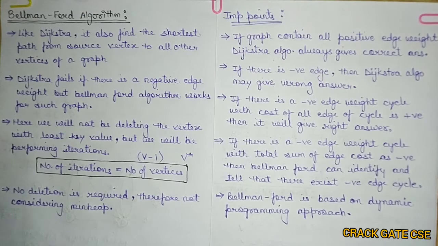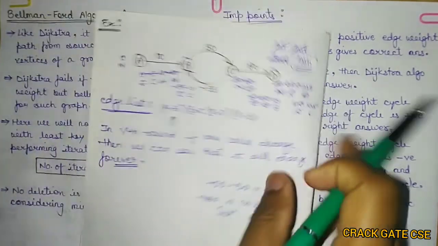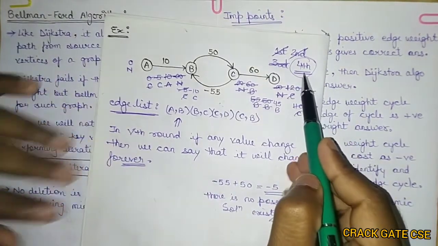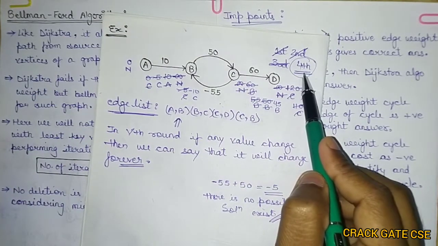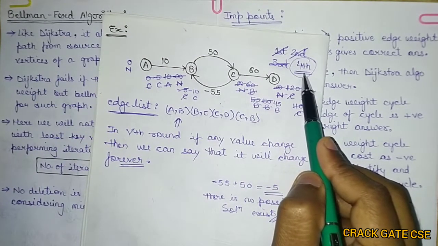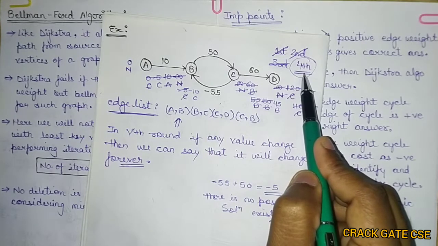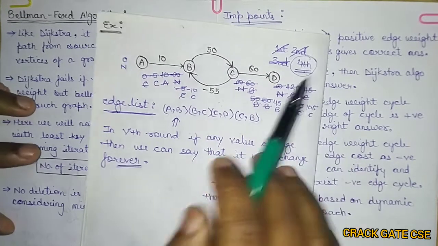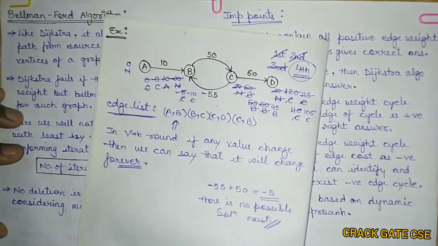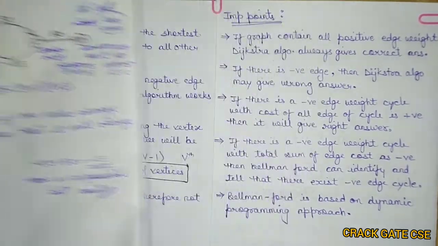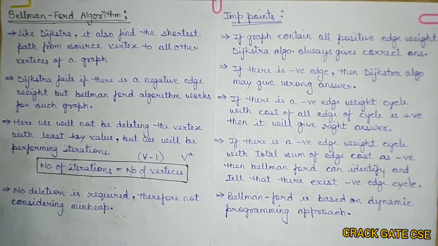Because in this particular example, if the value is changing in the fourth iteration also, the Bellman Ford algorithm tells us that there exists a negative edge weight cycle and this cannot be solved. So it is able to identify the negative edge weight cycle, whereas the Dijkstra algorithm was not able to identify it.